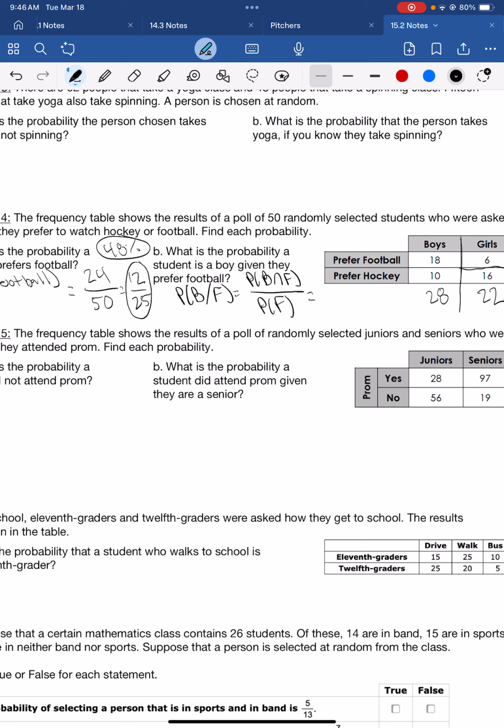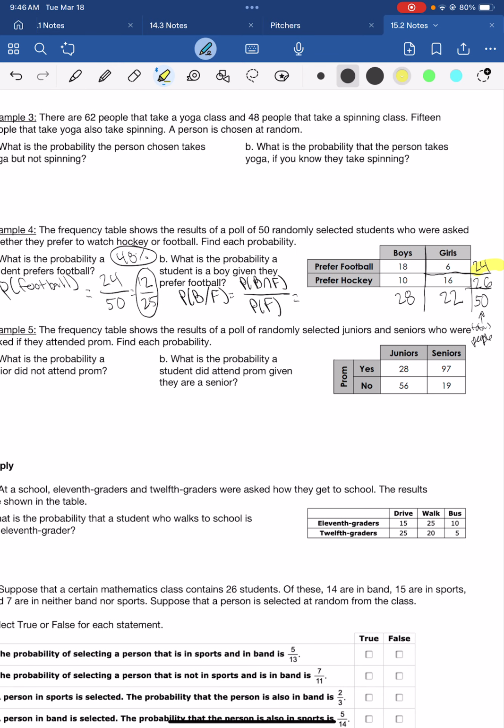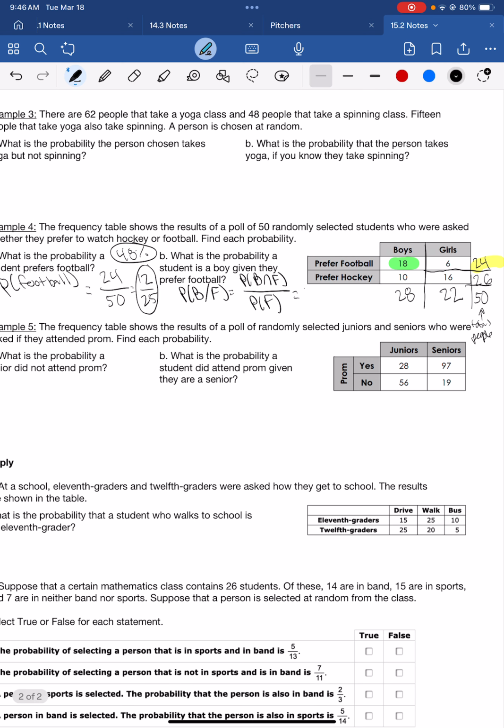A boy and football is going to be this one right here, prefers football and is a boy. So that's going to be 18 out of, and then the total number that prefer football again is 24. So 18 out of 24, which reduces down to 3/4. We'll get more and more comfortable with this idea of given and working with that.